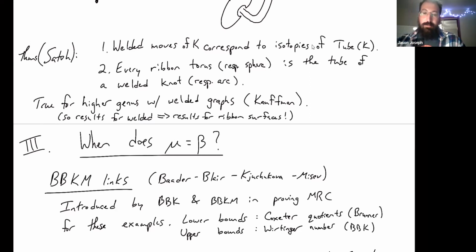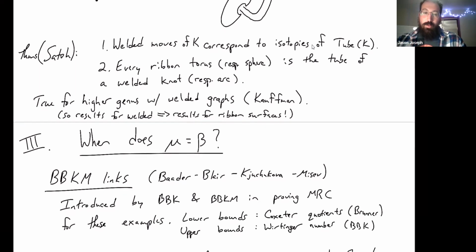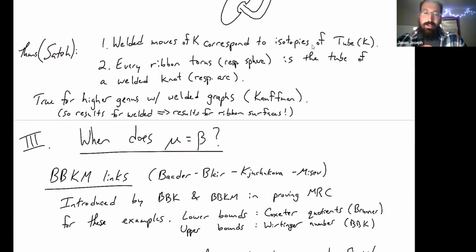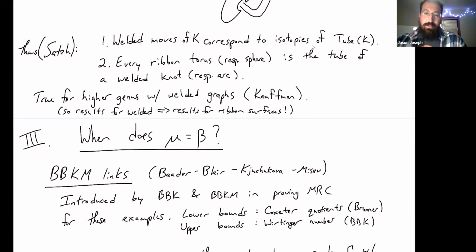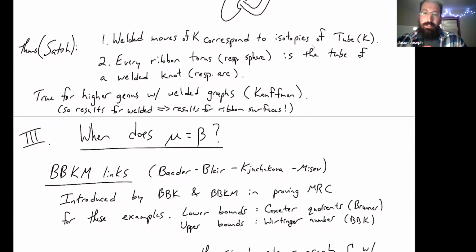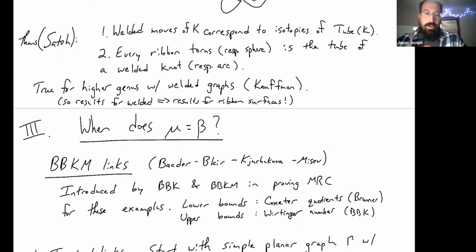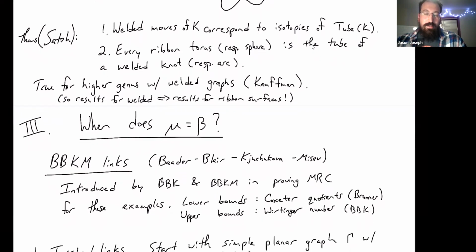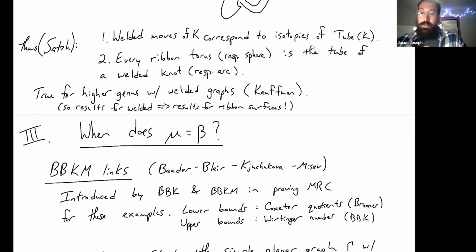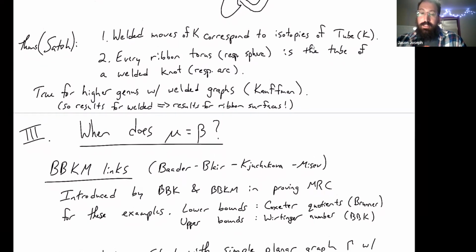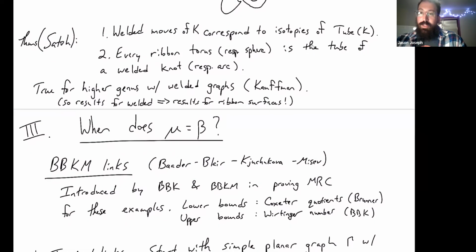So we started calling these BBKM links for Bader, Blair, Kuchikova, Misev, because they found these really big families of links where the meridional rank is detected by a Coxeter quotient, and the bridge number is detected by the Vertinger number.